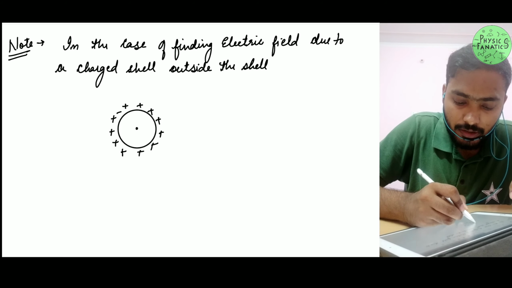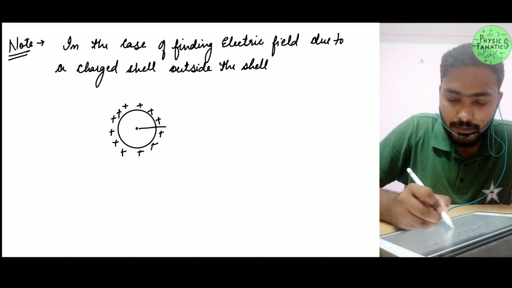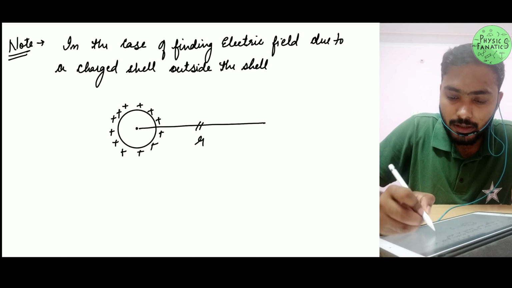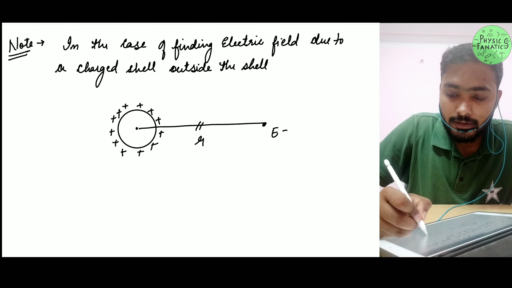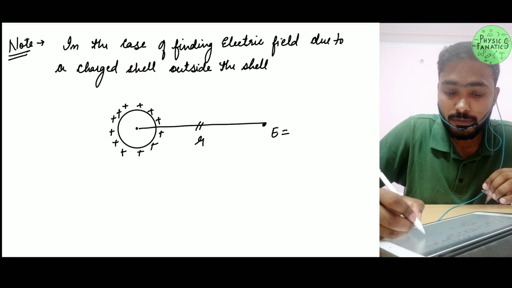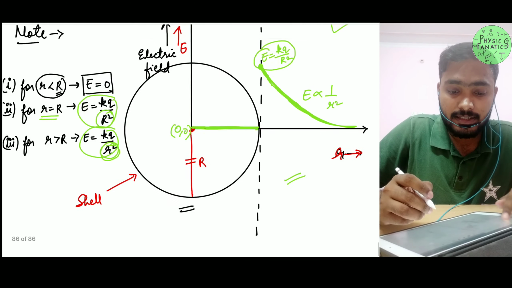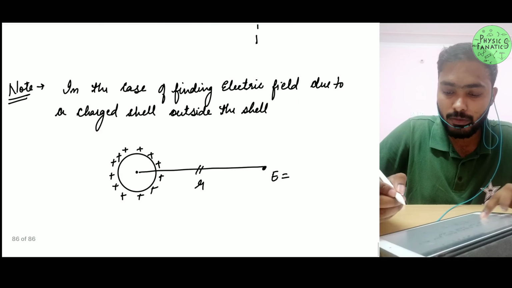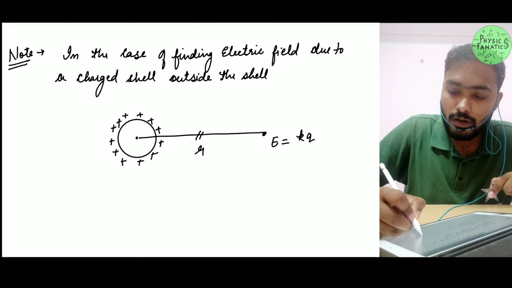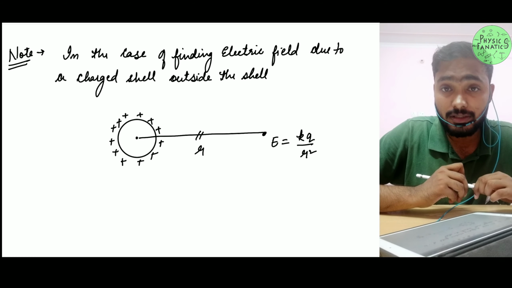Let's say at some r point I'm supposed to find the electric field. At some r distance, the electric field value is kq upon r square.